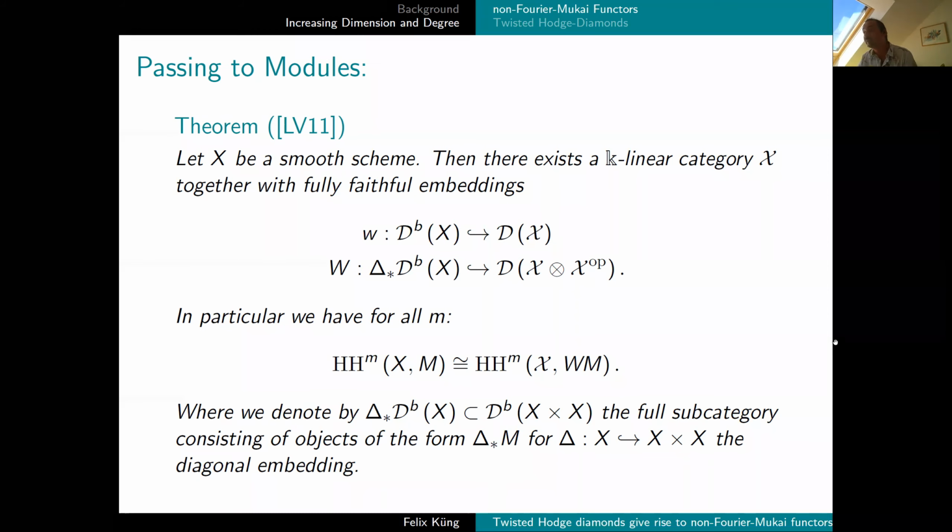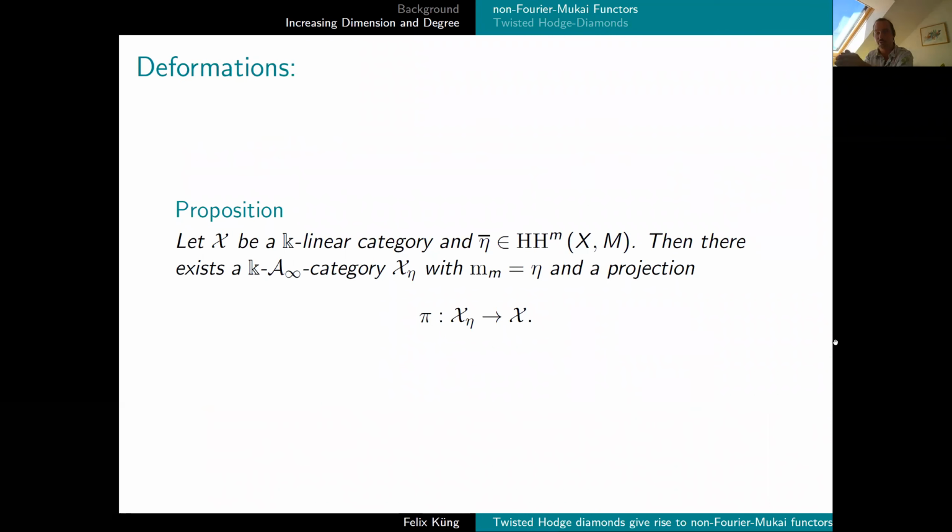You deform stuff. Now, after passing to modules, what we do is we deform. So if we have a k-linear category, you can construct a non-vanishing Hochschild cohomology class. It can also be vanishing, but it's only interesting if it's non-vanishing. Then you can construct an A-infinity category over your field, where you essentially take the original category and plug in a higher action that's literally your eta.